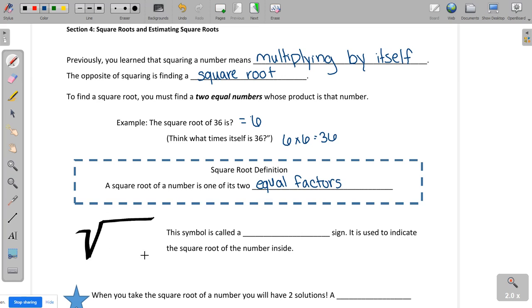This symbol right here, we call that a radical. So it is used to indicate when you are finding the square root of the number that is underneath it.